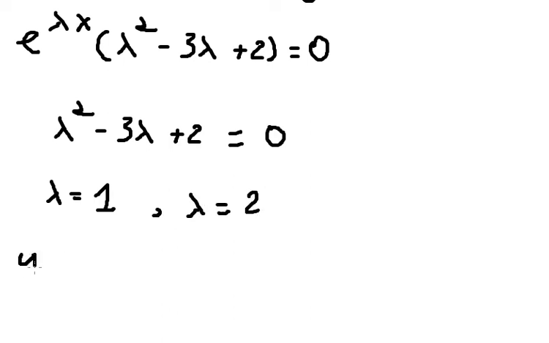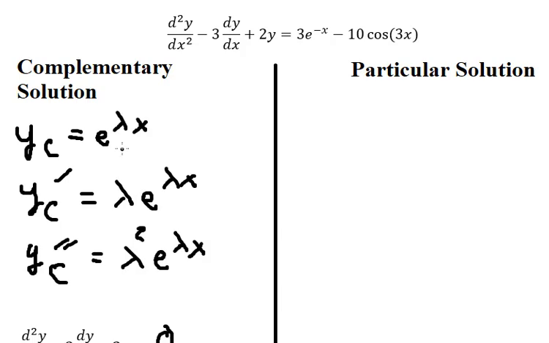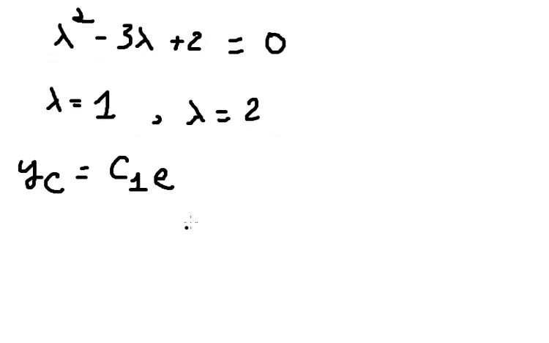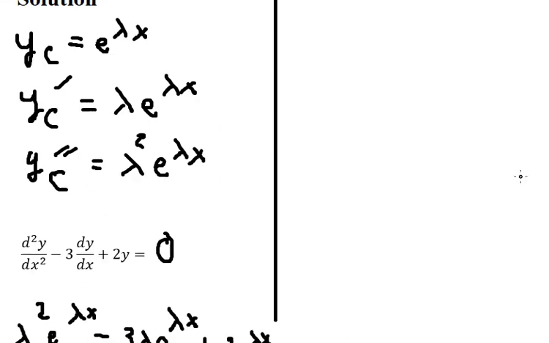So we have yc equals c1 e to the power of lambda s. So we need to change lambda into 1, so we have e to the power of s. And we have c2, that is constant 2, e to the power of 2s.